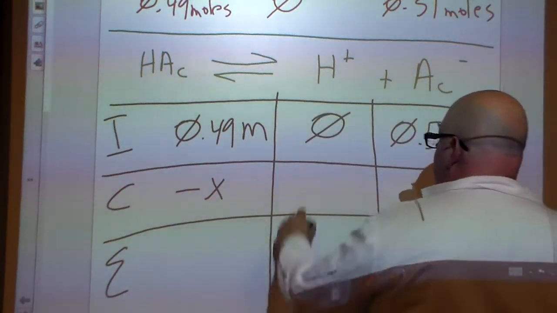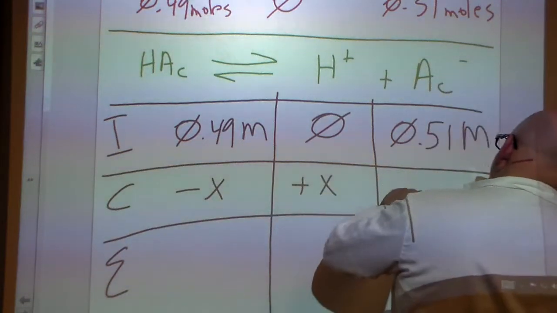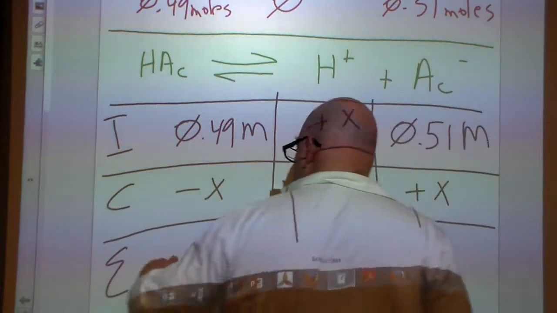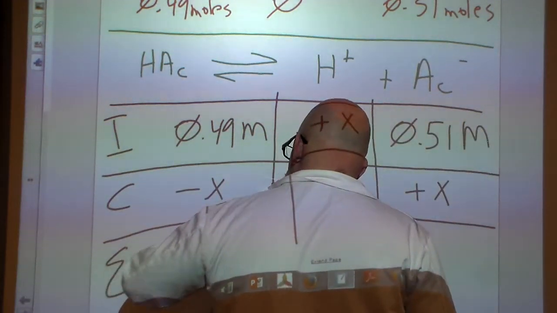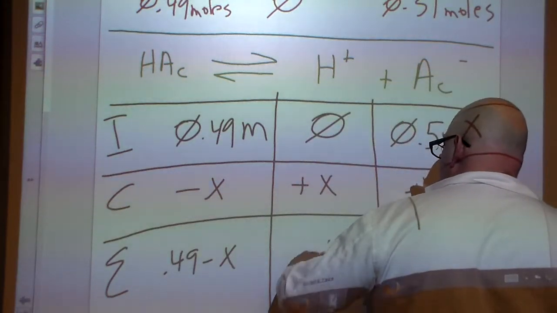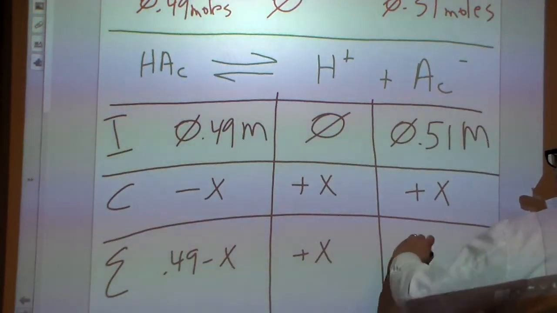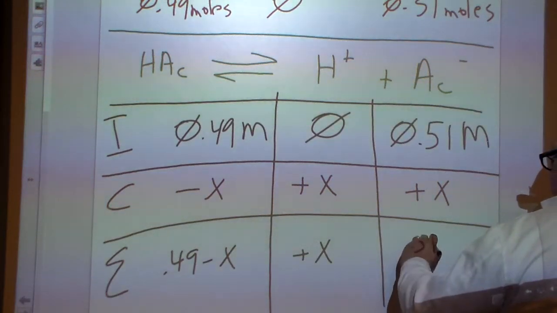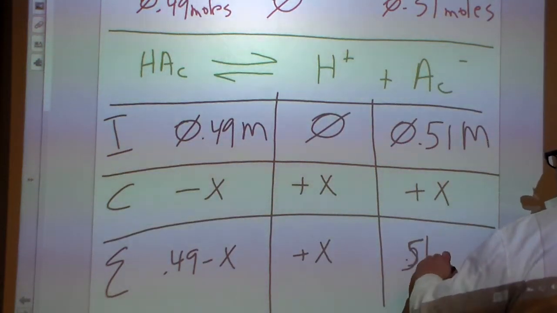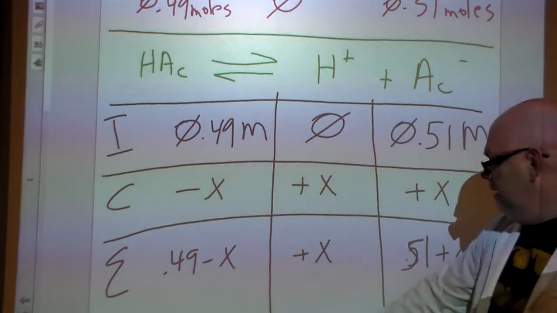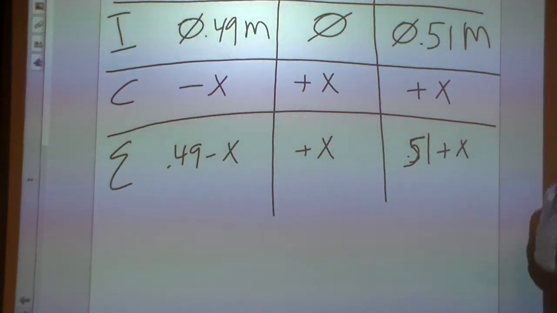We're losing stuff here, and we're going to gain here. So when we look at it, we have 0.49 minus X, a positive X, and here we have 0.51 plus X. This is our equilibrium concentrations.